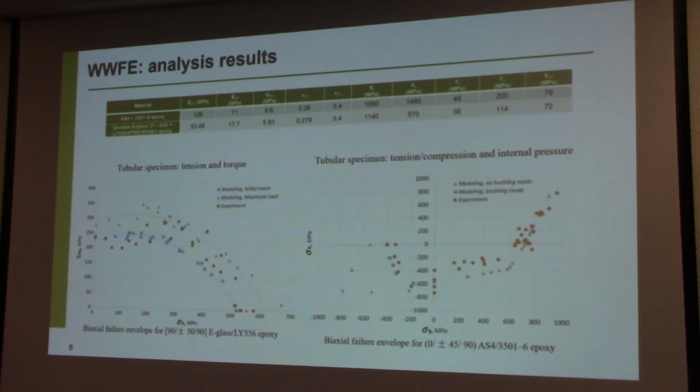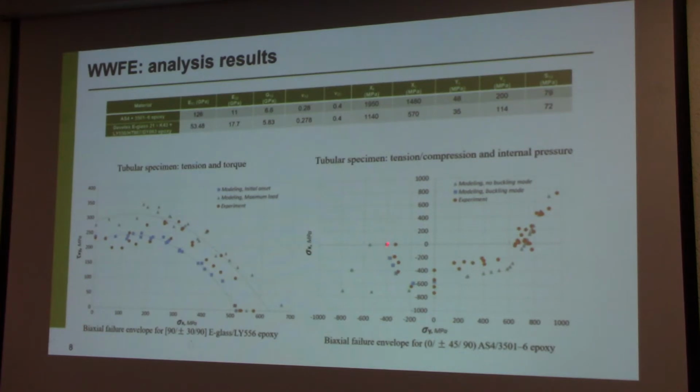And we do two types of analysis to predict damage onset and full failure of the specimen. In this case, the specimen was subjected to combined tension and torque, and in this to tension, compression and internal pressure.